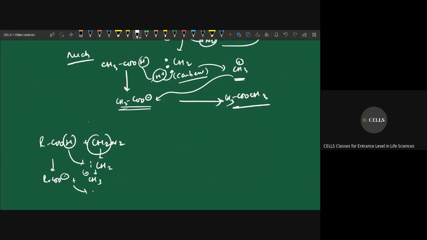They will bind with each other to form RCOOCH3 plus N2. Right. This is important. So ester will be formed. So these things are really important.